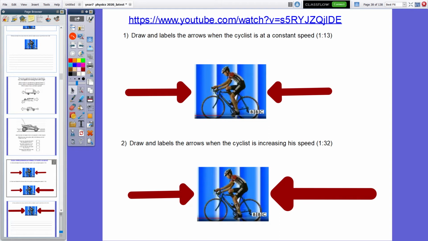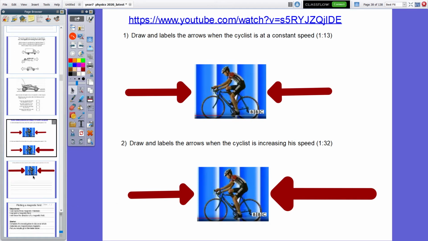So what I'm looking for here is that when you're increasing the speed, the arrow must be bigger. Normally we try and represent it with length. Sometimes we put numbers on them. But clearly you can see this arrow is bigger than that one. And because he's going in this direction, he's going to increase his speed from right to left.